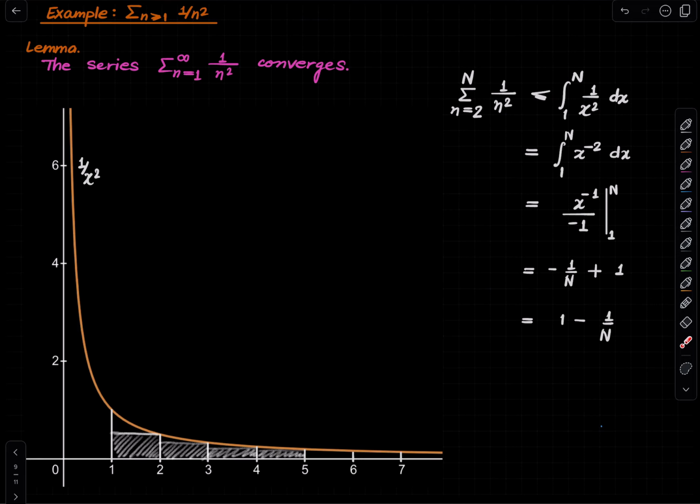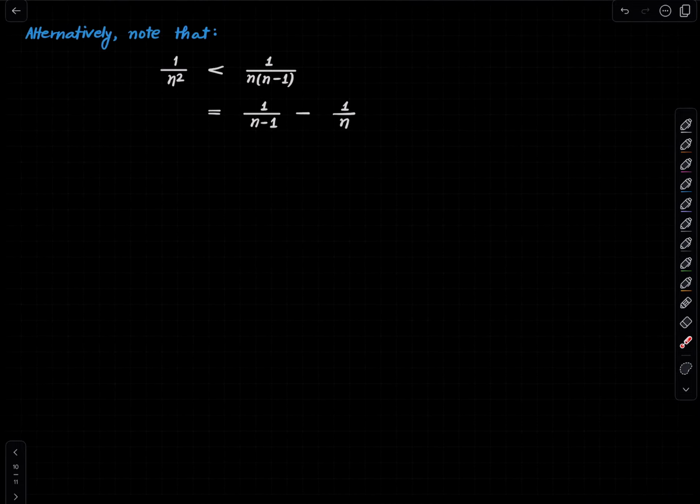Okay, but there is another much simpler way. This visual way is very memorable, very intuitive, it explains things, but here is an analytical way. You just observe that this term is strictly less than that term. You can also write a less than or equal to sign if you like. This is strictly less than that, which is equal to this. A little trick, if you will.